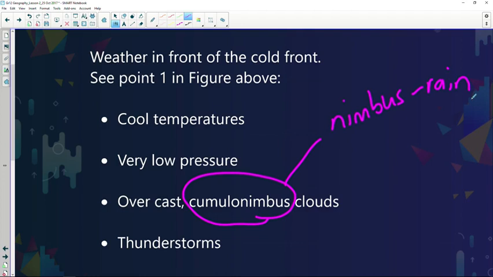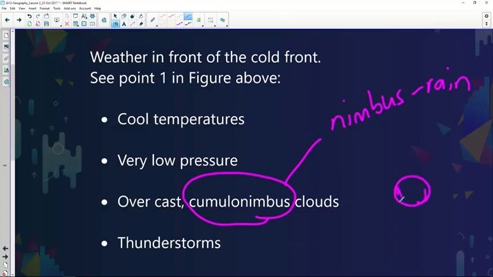So if we had to draw a weather station model of, let's say, Cape Town, when the mid-latitude cyclone is busy passing over, it's definitely going to be overcast conditions.